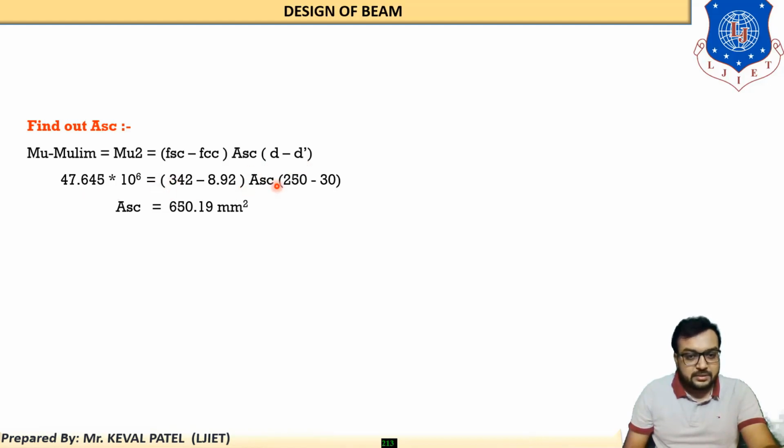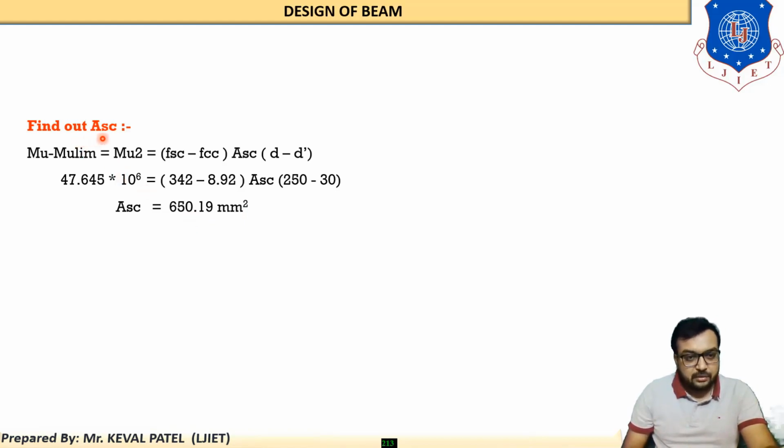After putting all these values, we get Asc equal to 650.19 mm square. So we have to provide minimum 650 mm square steel in the compression zone.